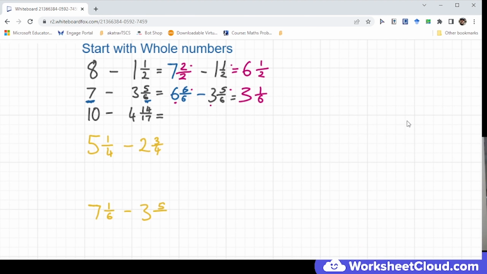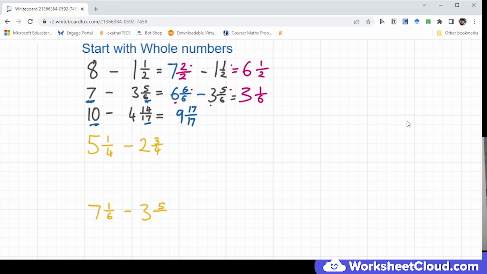Okay, just because I like to throw in a little bit more complicated numbers, it works identically even when we have 17ths. All right, so I'm going to take my 10. I'm going to make it 9, and then I'm going to put some of it into a fraction form. And because I've got 17 at the denominator on the other side, just to make my life easier, I'm going to do 17 on this side as well.